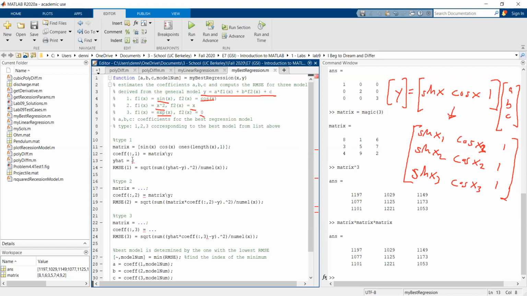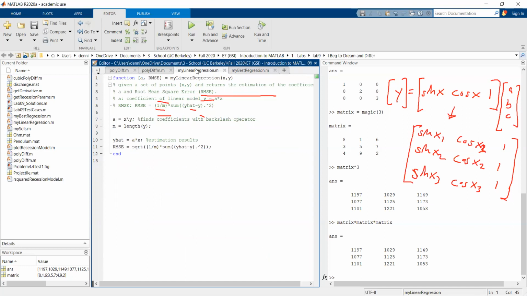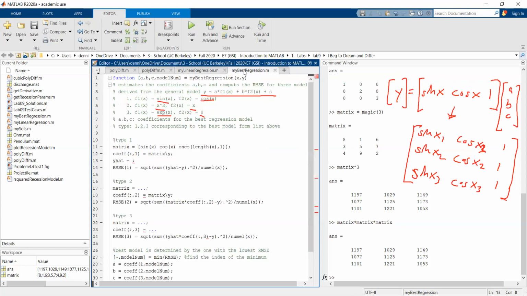What we want is, here's a hint, if we go back to that, we have our coefficient times our x. The first coefficient times sine x, plus the second coefficient times cosine x, plus the third coefficient.